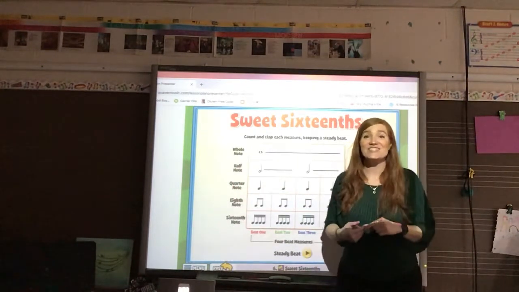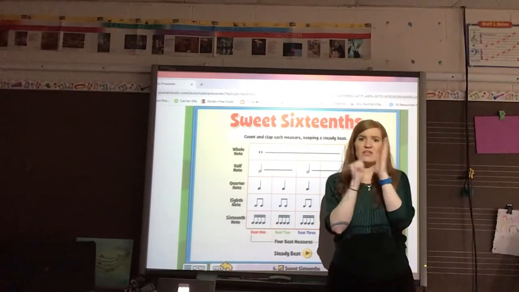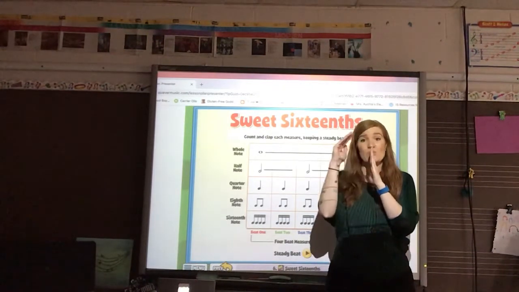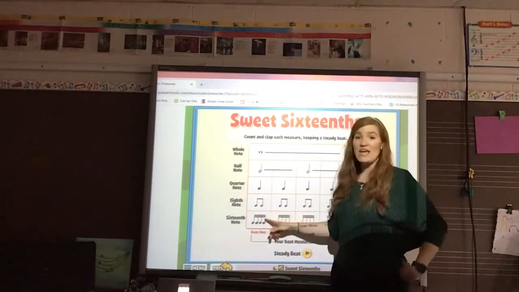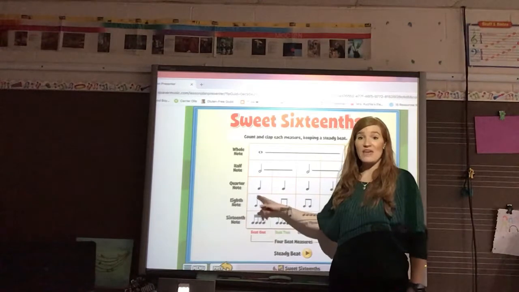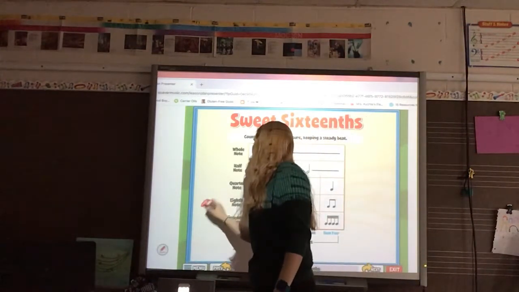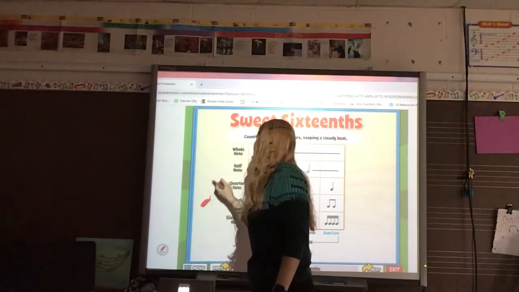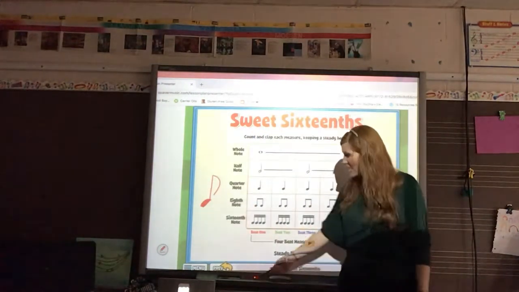Our next one is our 8th note. So what did we do? So we had whole, then half, then quarter, then 8. Remember that this was like our flag. So this is what an 8th note looks like when it's barred together with another 8th note. By itself, it looks like that. So that's what our hand did, was make that flag.